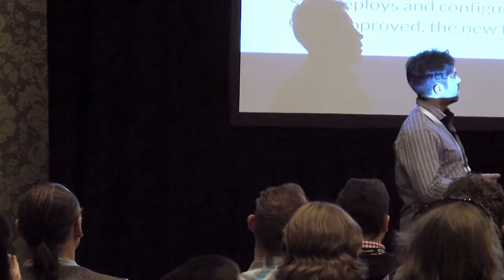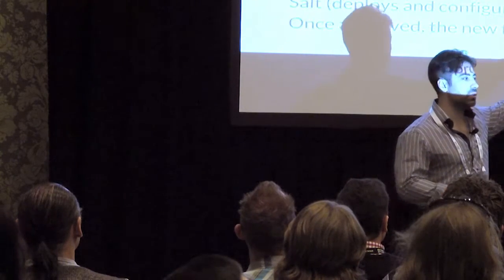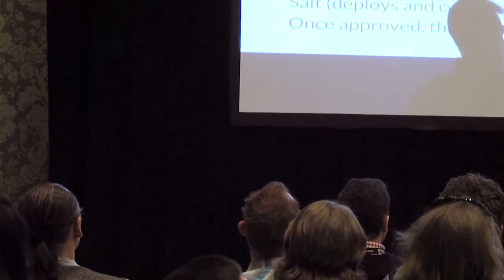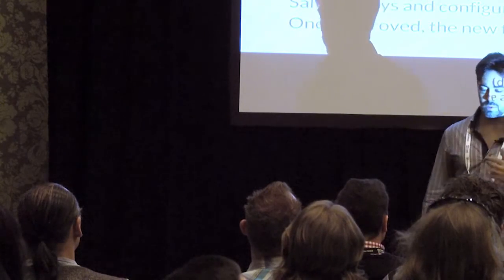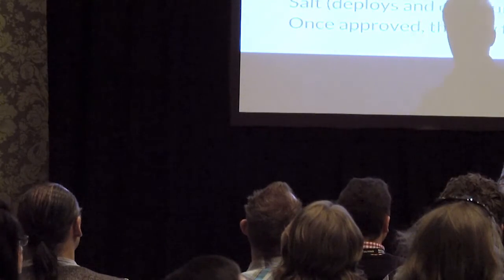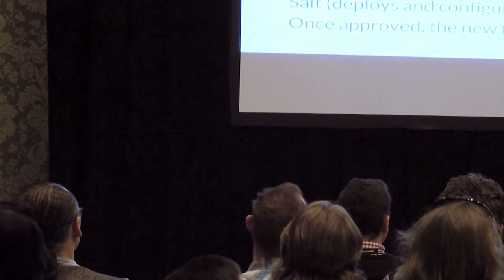But in the real world, when it comes to deployment or provisioning, especially in the enterprise environment, I've seen most of the time that there is some kind of broken communication between these two teams.